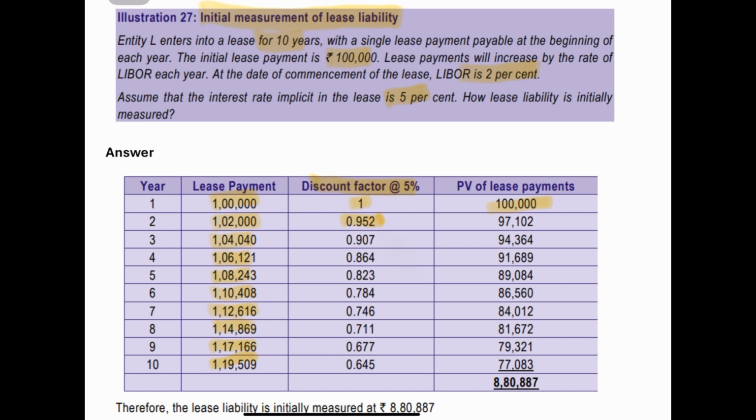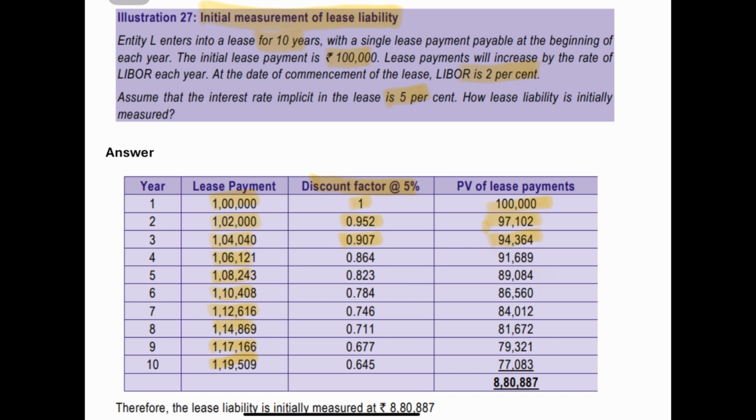So 0.952 on 1,02,000 you will get 97,102. And the third year the payment will be 1,04,040, and this 0.907 is basically 0.952 divided by 1.05. So 1,04,040 multiplied by 0.907 you will get 94,364.